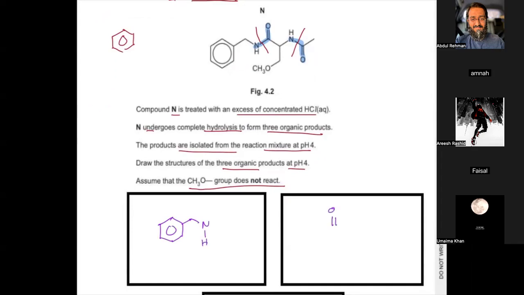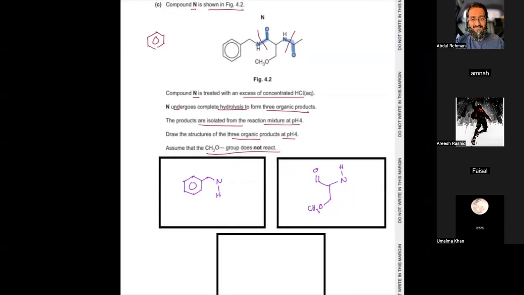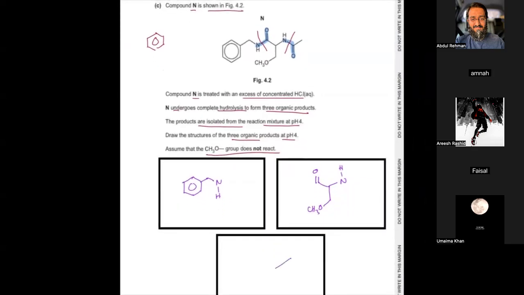The second fragment is this one, right? And the third fragment is this thing only, right? Is this understandable to all of you?